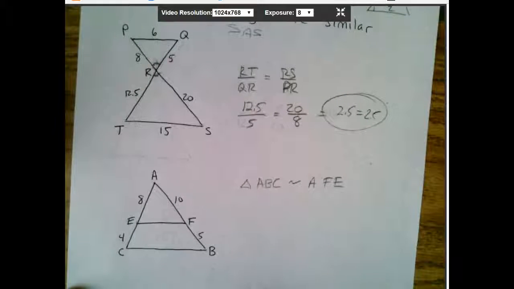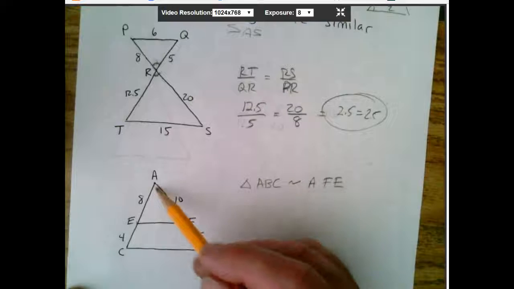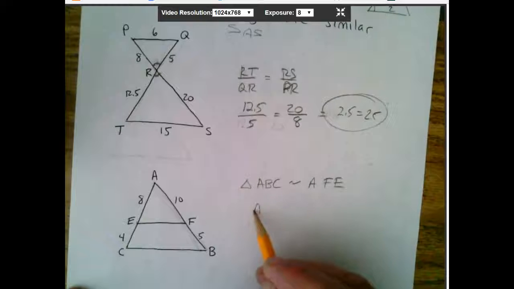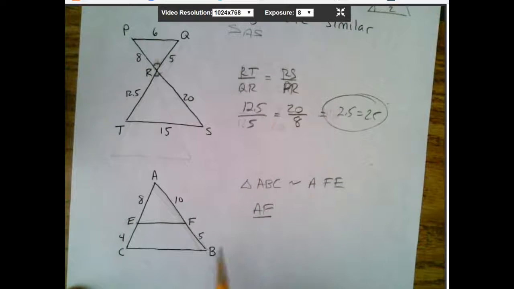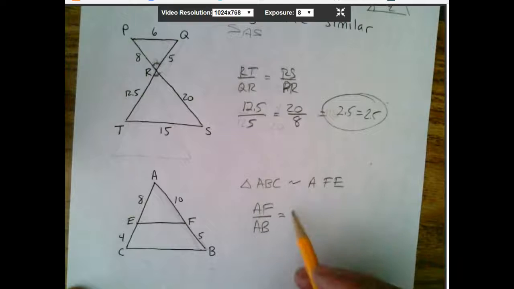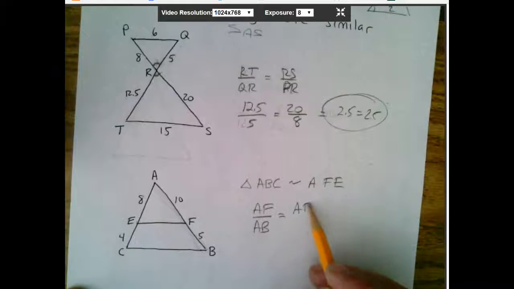We'll do AF and compare it to AB, and then we can do the other side, AE, and compare it to AC.